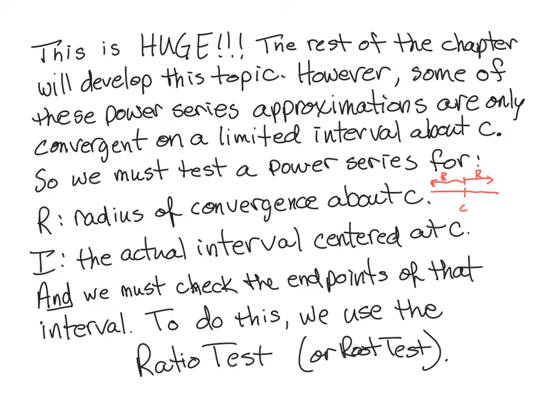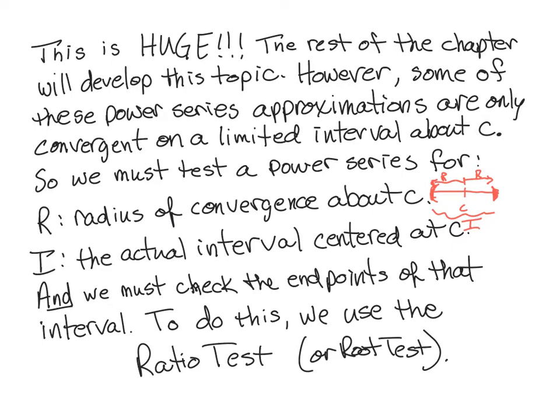So once we find the radius of convergence, then we'll know the interval of convergence, and it's always centered at c. And you can look at these polynomials and know where their center point is. Once we find the interval, we're going to need to check the endpoints to see if our power series converges at the endpoints.